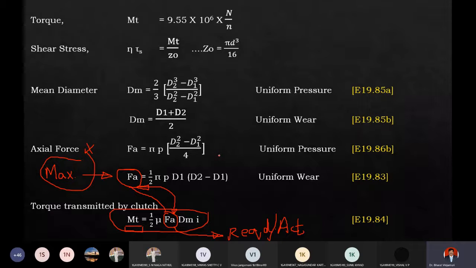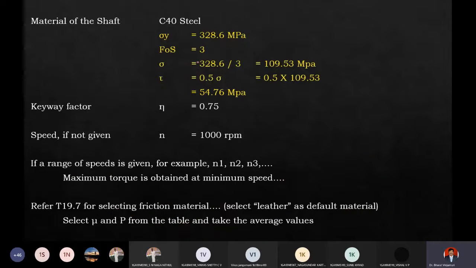With these basics, there are a few more concepts you need to understand. If the material of the shaft is not given, go with steel. For example, the spline shaft is made of C40 carbon steel with a factor of safety of 3. Different textbooks use different factors of safety; one textbook talks about 2.5.